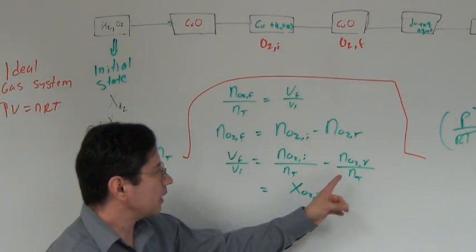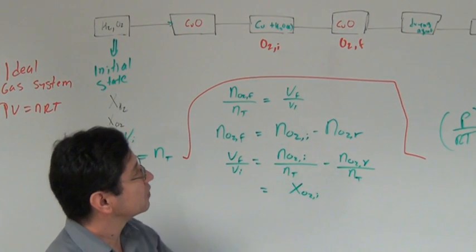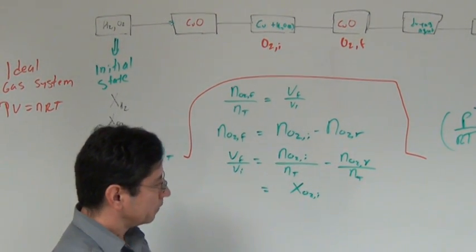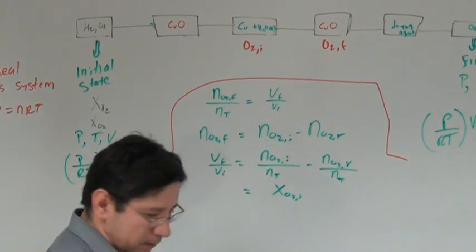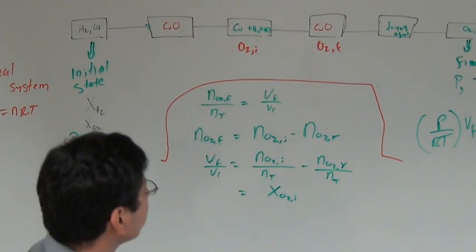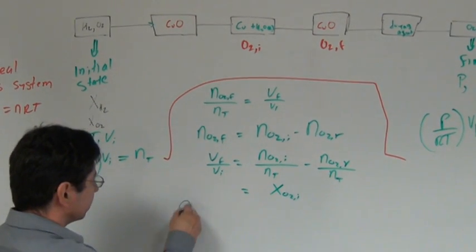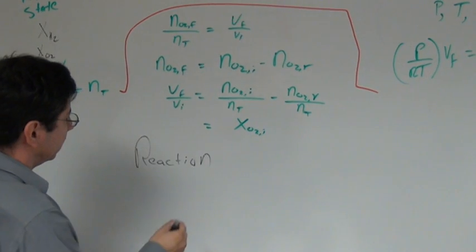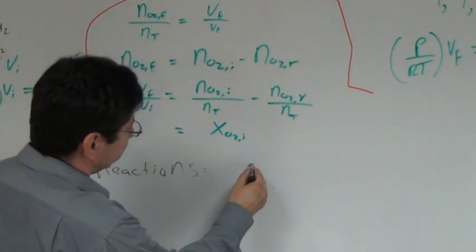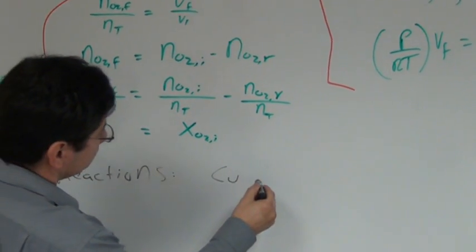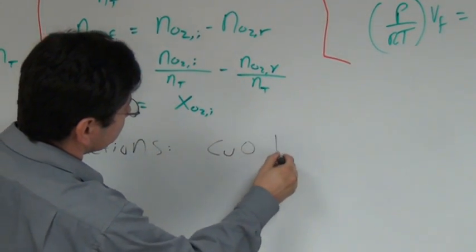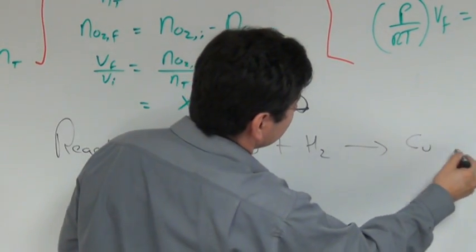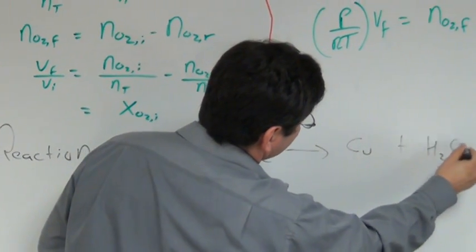So to do that connection, we need to see what is the stoichiometry of the reactions involved. So let's take a look at that. The reactions. So then we're going back to this step. Reactions. Well, first reaction is copper oxide being reduced by hydrogen to form copper and water, liquid water.